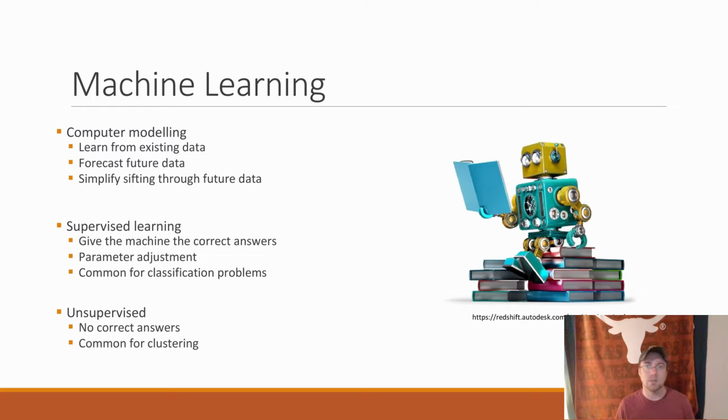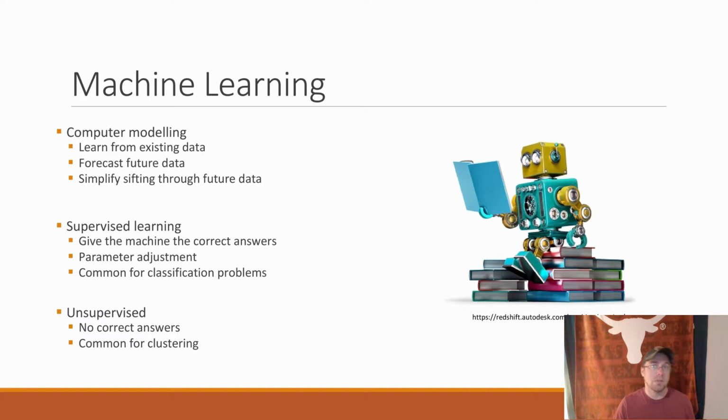Supervised learning is really where you give the machine data, but you also give the machine the answers as well. And humans are really actively involved in this. Hence supervised learning, not only do you give it the answer, you can go through, make sure that answer is correct, and there's a bunch of parameters involved that you can adjust to help the machine through its learning process.